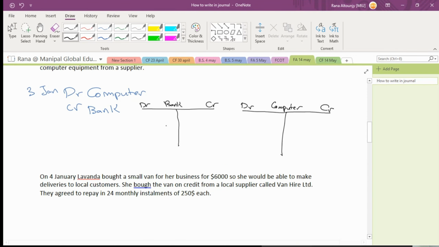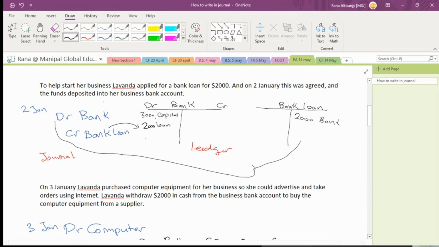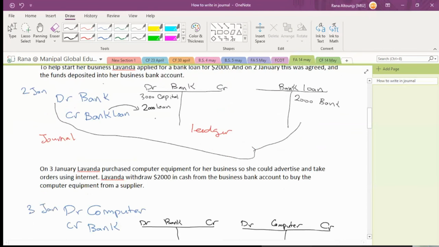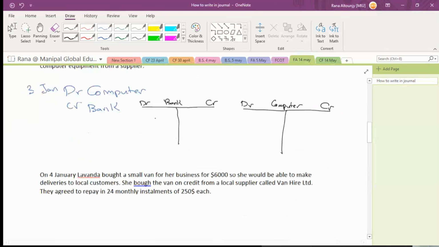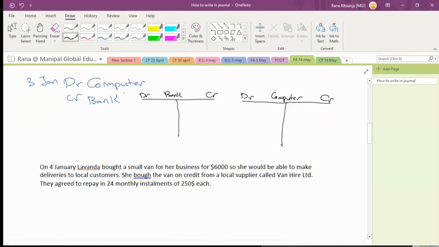So bank, if you remember, we already have two transactions earlier in the bank. We should keep those transactions, okay? So earlier we have 3,000, which was capital, and we have 2,000, which was loan. So now let's take what we need to do from this transaction.